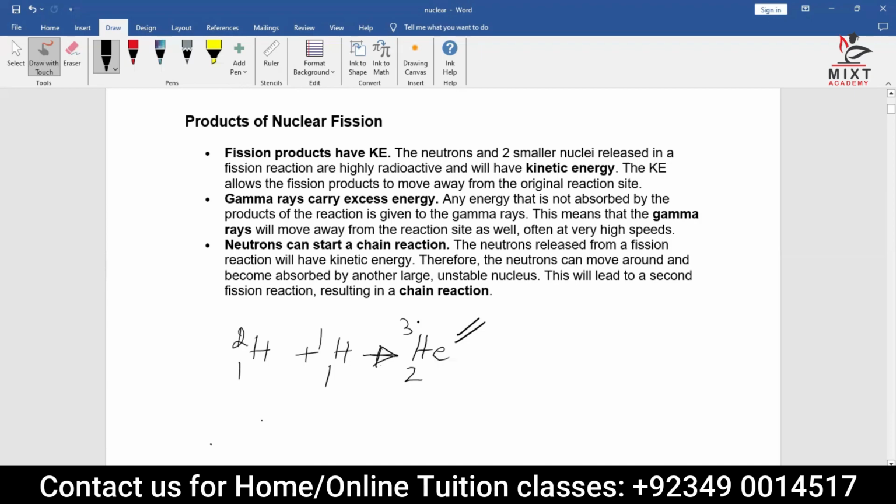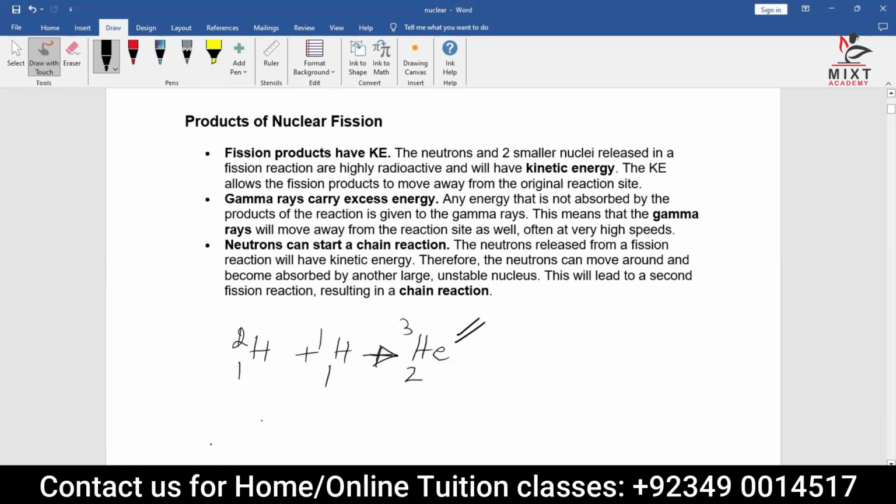For fission reaction, there are no such special conditions required. So high pressure and high temperature are required for fusion reaction to happen, which is only possible at the sun. So now you understood the difference between nuclear fission and fusion. We have done this all right.